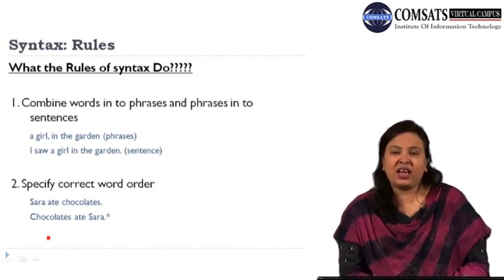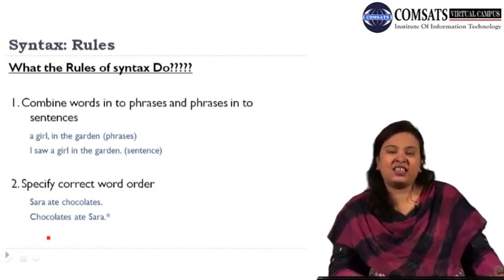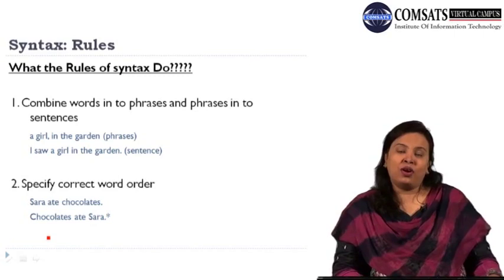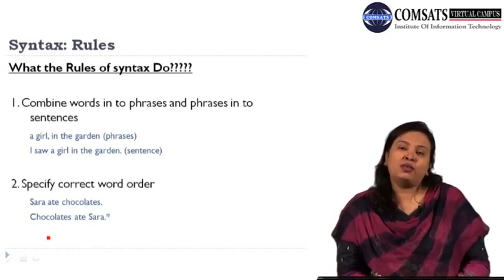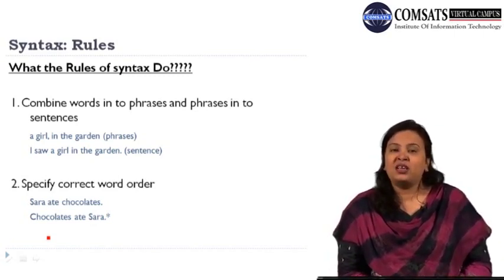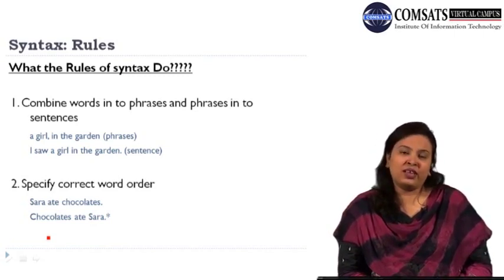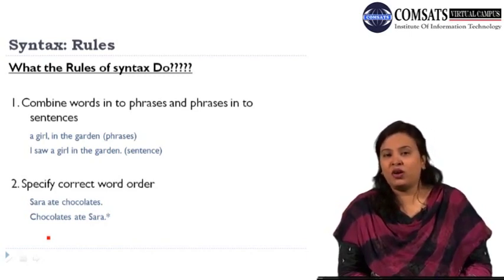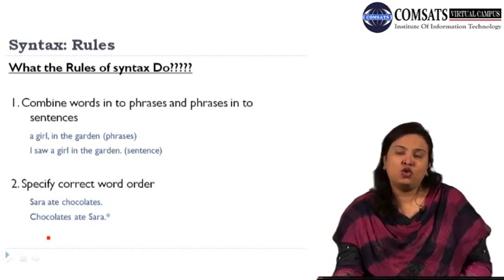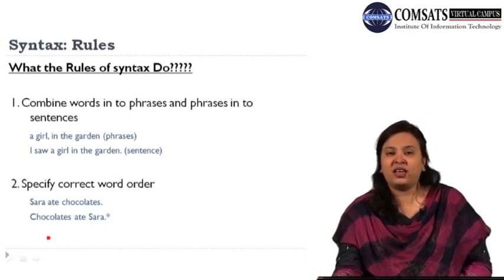So I can assume that chocolates ate Sarah is a wrong order. The order I am using here is actually object, verb, subject, so this order is wrong with respect to the English language. I have to use the correct word order to make correct English sentences.